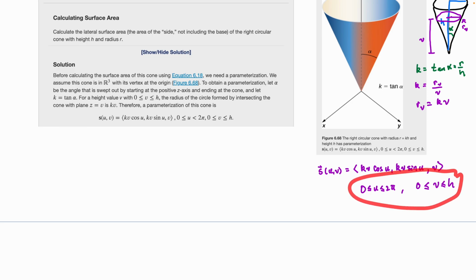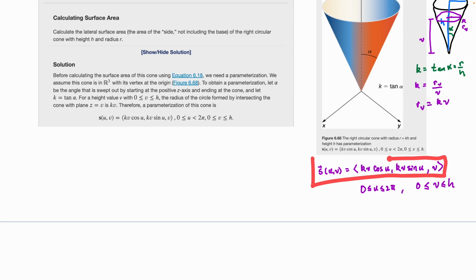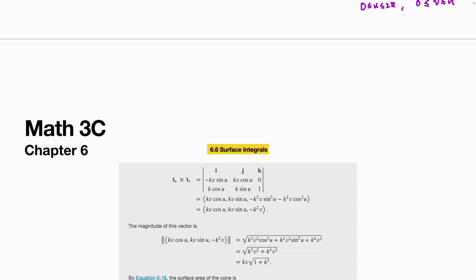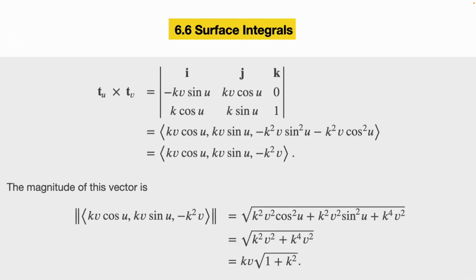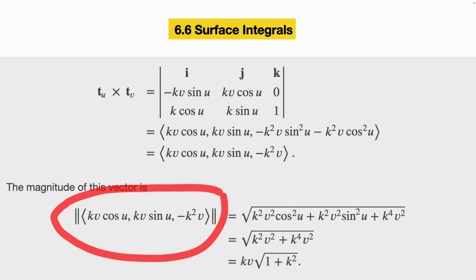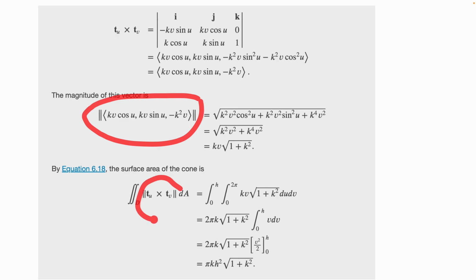Here's the domain, a nice rectangle, 0 to 2 pi and 0 to H. Having the parameterization, we can now simply plug into the surface area formula, computing each partial, taking the cross product of those partials, taking the norm of that, and then plugging into the formula.